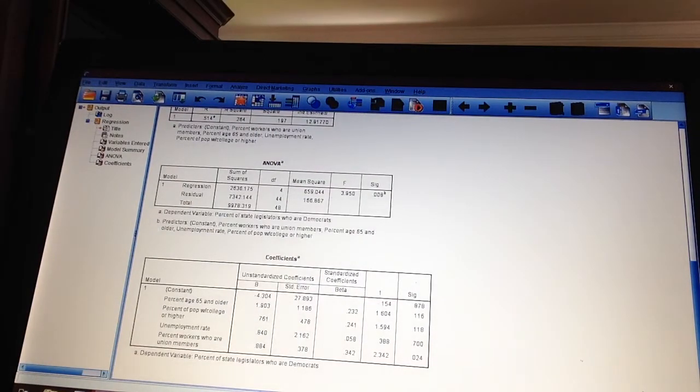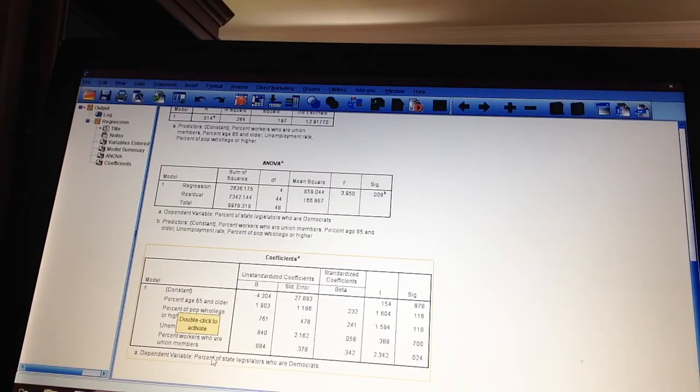Now that we've established that it's real, we can start to think about effect size. Then I want you to look at the unstandardized coefficients. Remember, the unstandardized coefficient of an individual independent variable indicates the effect of a 1 unit change in the independent variable on the dependent variable.